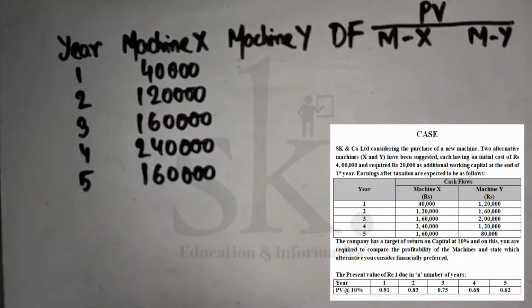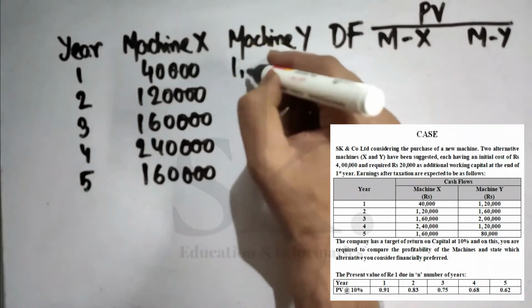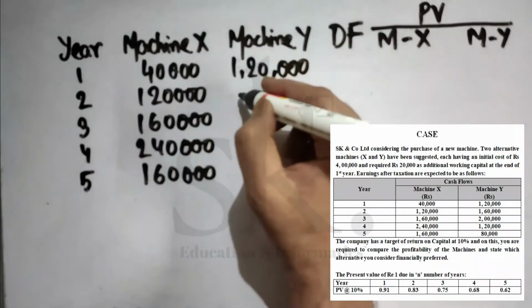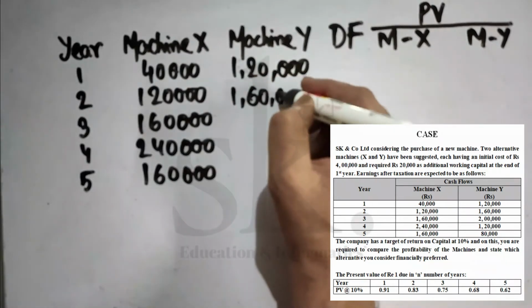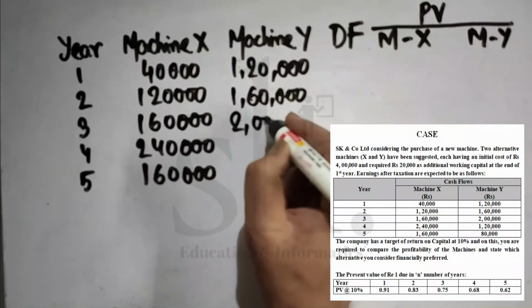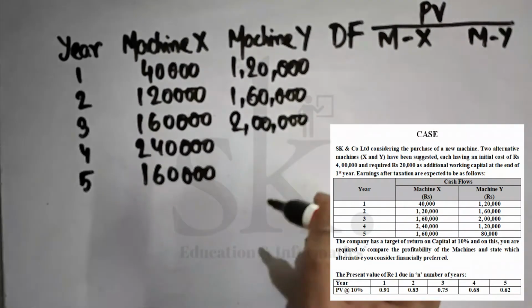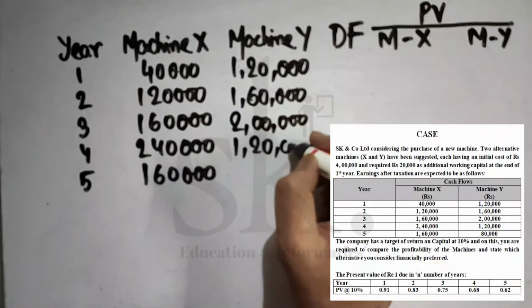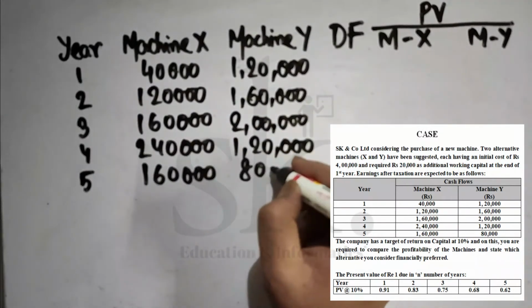For machine Y, the inflow is 1,20,000 for the first year, then 1,60,000, thereafter 2 lakhs, then 1,20,000 and 80,000.